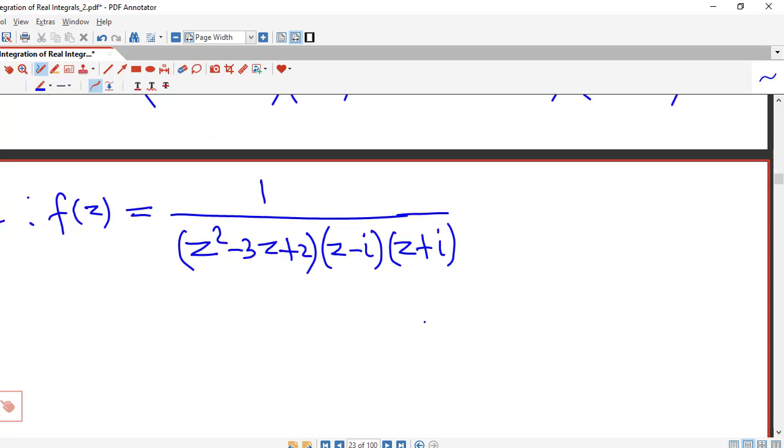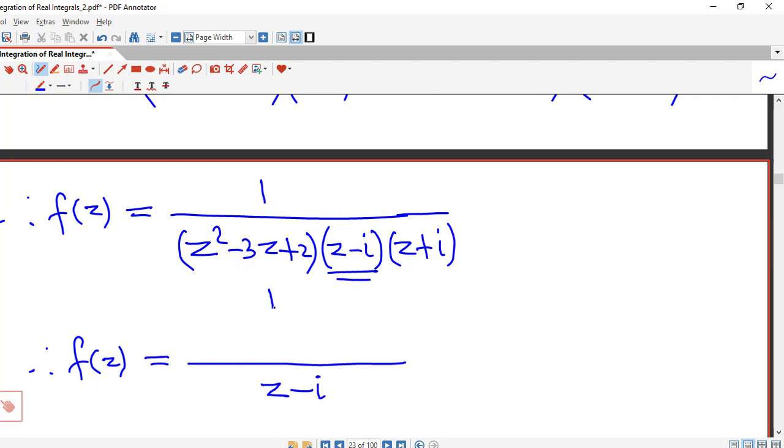Now we are interested in the residue at z equal to I, so we keep z minus I in the denominator and we consider all other things in the numerator. So we are rewriting f of z in this way.